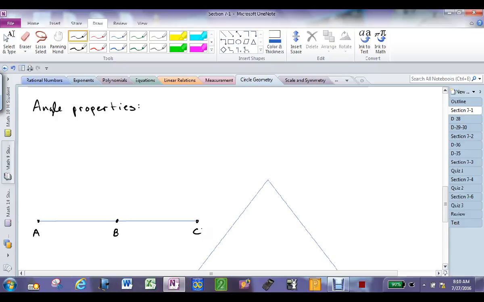Okay, now put two dots above your line anywhere. I'm going to put mine there. I'm going to put my other one there. And label those dots D and E. Everybody cool?